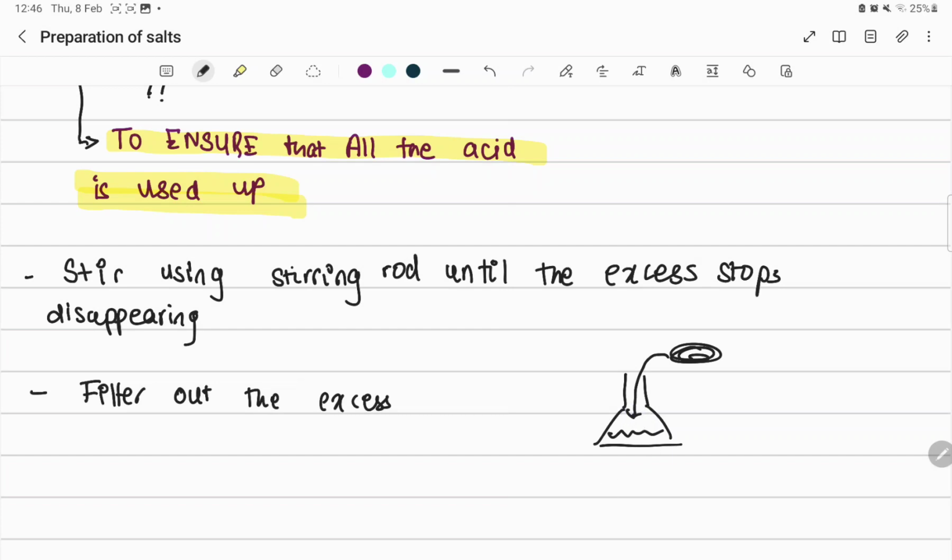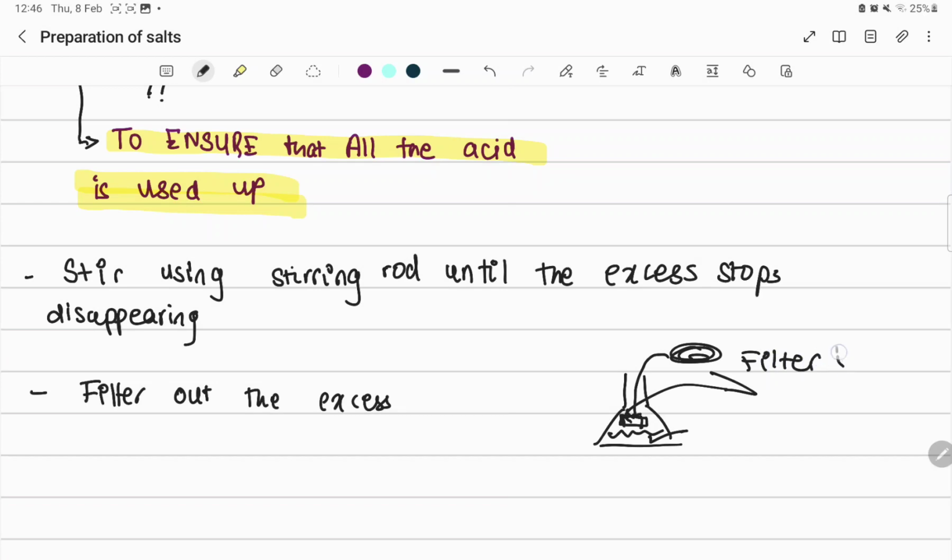Since you're adding more than the needed amount, the acid is used up, and there is still a little bit of copper oxide left behind, because you added more than what was necessary. So the necessary amount did its job, the acid is used up, and then you have a little bit left behind. So you need to filter that out using the filter funnel and filter paper.